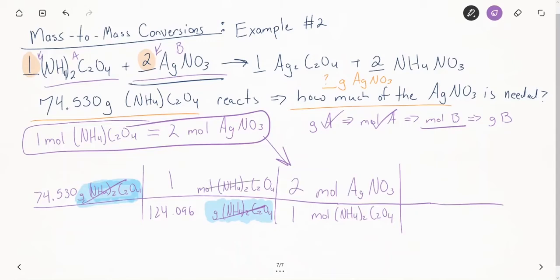Now this unit cancels with this unit. And we've only got one last thing to do. We've got to get grams of the silver nitrate. Down here we're going to copy that same unit diagonally, moles of silver nitrate. Just like before, whenever we have moles and grams or grams and moles, it's the molar mass from the periodic table.